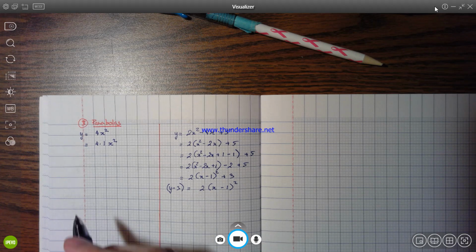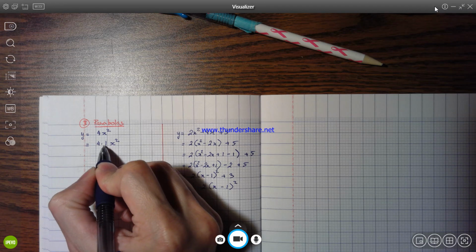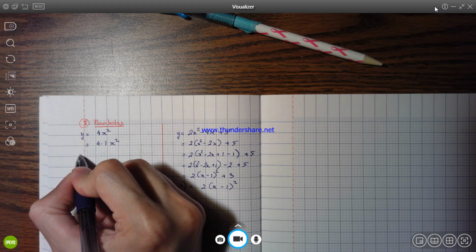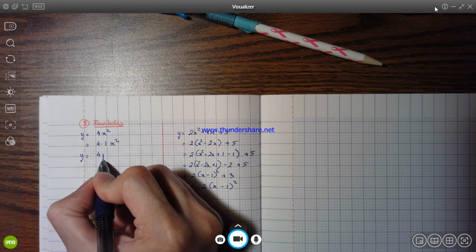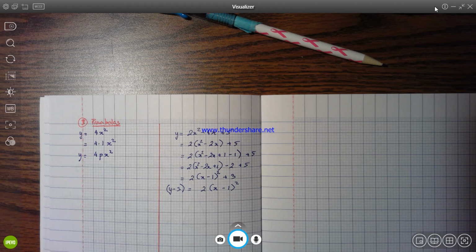Okay, so in this one I can write, I'm just naming number 1 over here with variable p, so my equation becomes y equal to 4p x squared, right? 4p x squared.